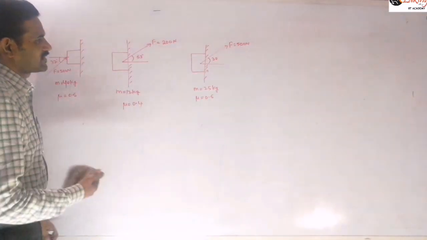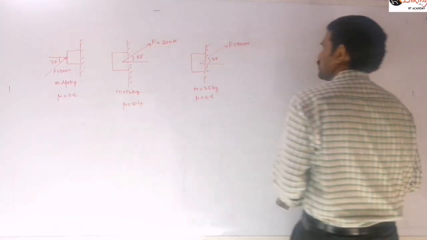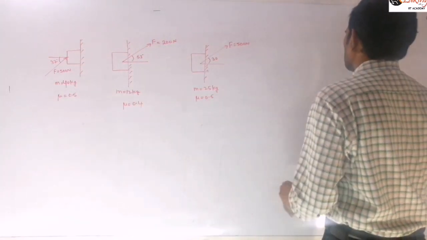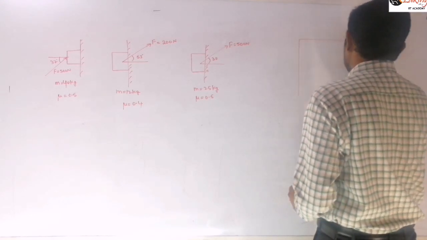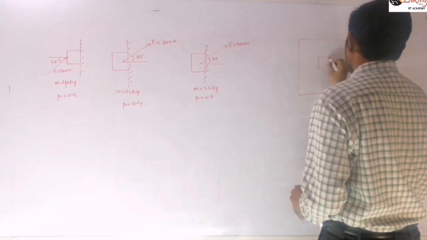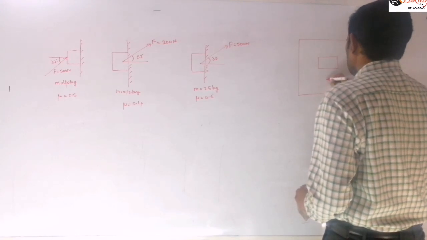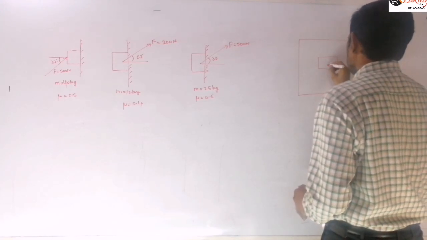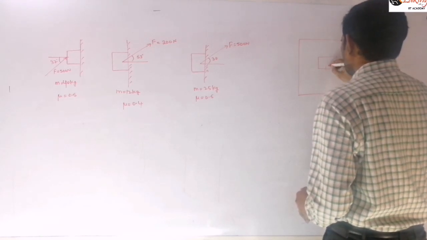Now I am giving another problem based on this. Here a 2 kg block is pressed against a wall. Suppose this is the wall I am taking here. A 2 kg block is pressed like this. The mass of this block is 2 kg, and we are applying a normal force of 15 newtons here.